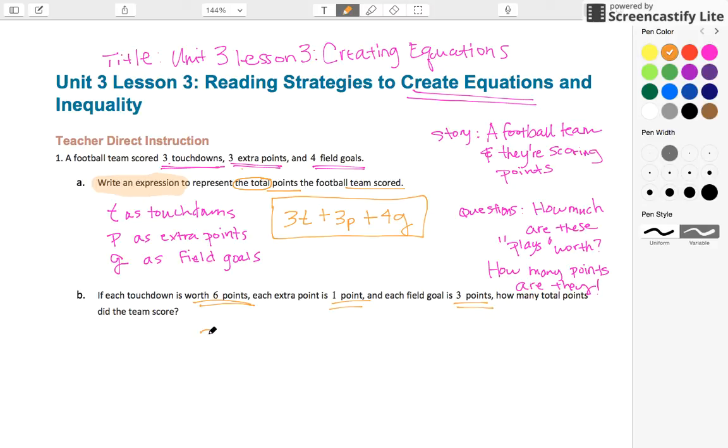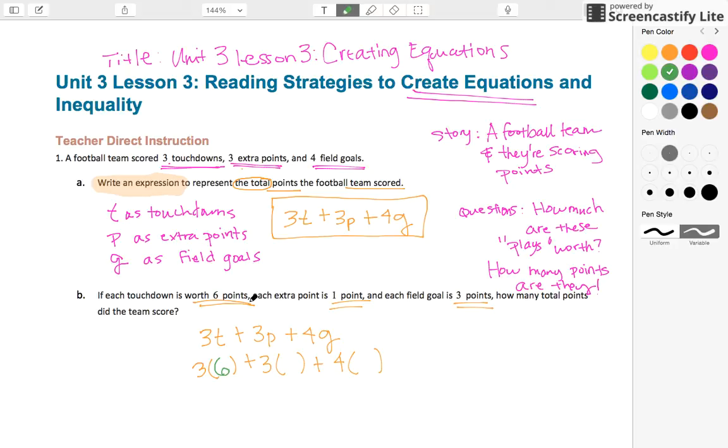Well, if I know that my expression, 3t plus 3p plus 4g, represents the total points, then I just substitute how much those points are worth in here. So I'm going to use a different color. I'm going to leave parentheses. For each touchdown, it's worth 6 points, so I can write 6.